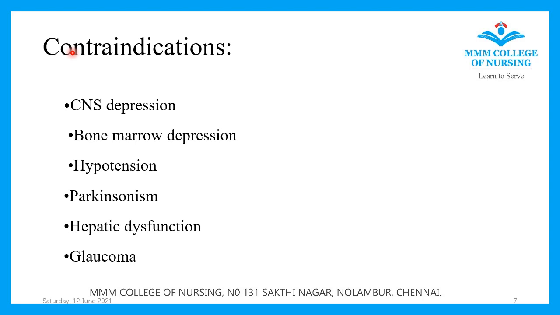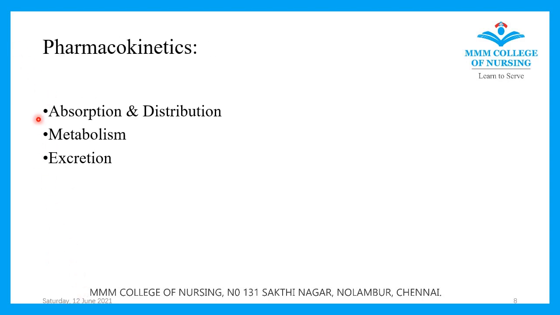What are the contraindications? CNS depression, bone marrow depression, hypertension, Parkinsonism, hepatic dysfunction, and glaucoma. Pharmacokinetics. Absorption and distribution. Most antipsychotics are readily absorbed by the gastrointestinal tract.